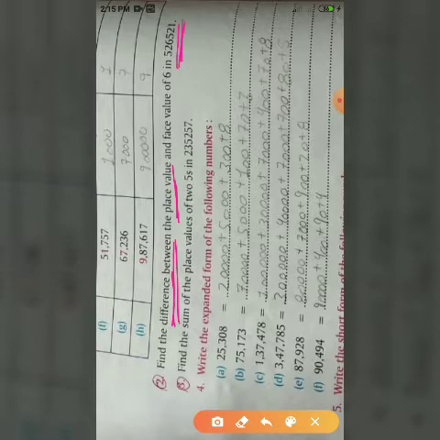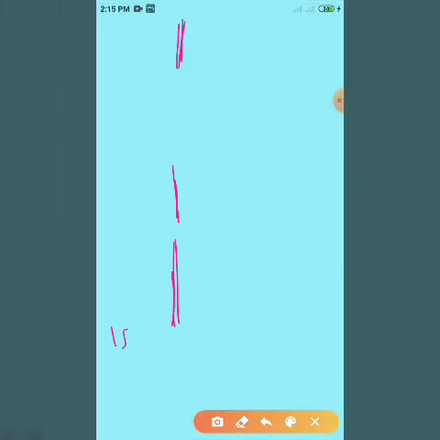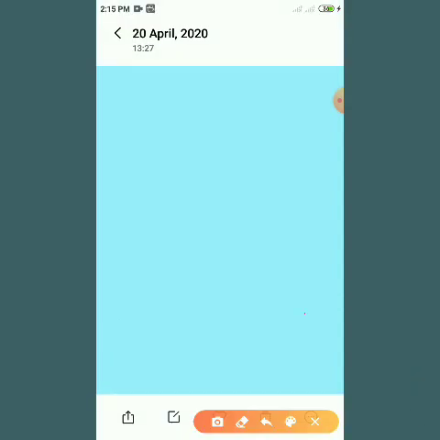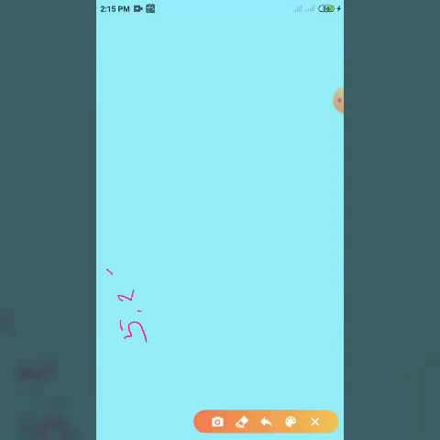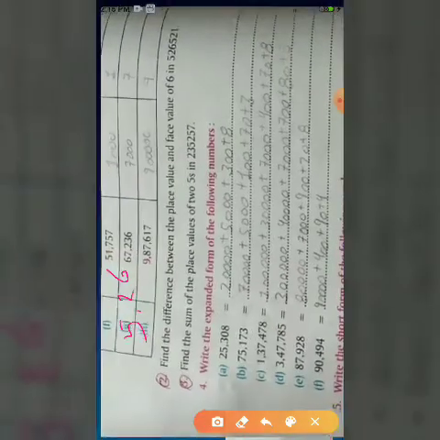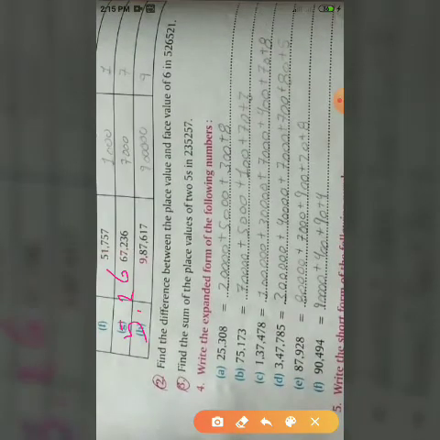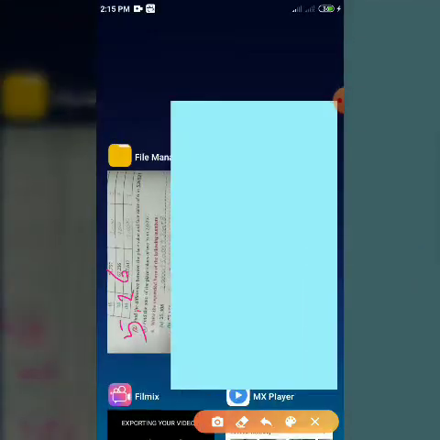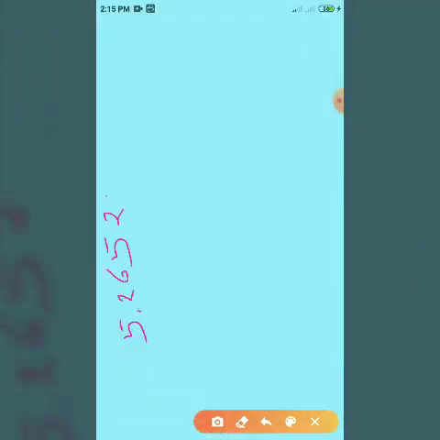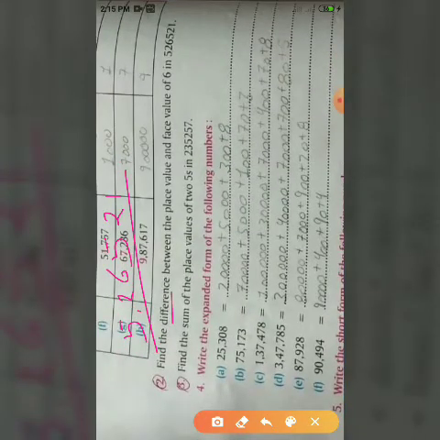The number is 5,26,521. In this number we have to find the difference between the place value and face value of 6.